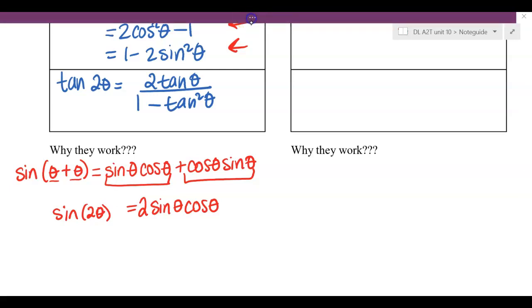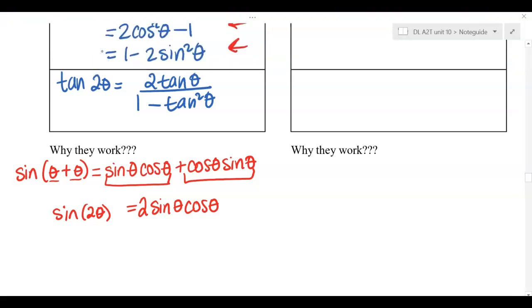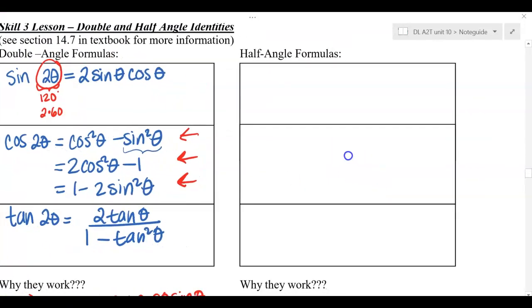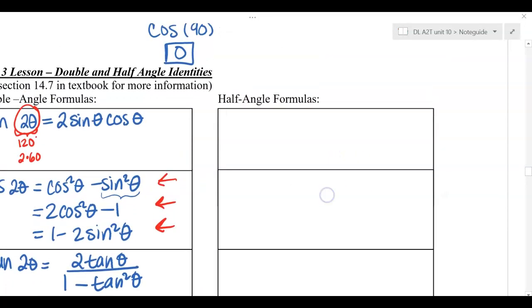The half angle formulas are grouped together with these because they're kind of for the same purpose. For example, let's say somebody wanted to ask you to calculate sine of 15. Using what you know about special triangles, you would feel like 15 is not something that you could calculate using special triangles because we don't have a special angle of 15 degrees.